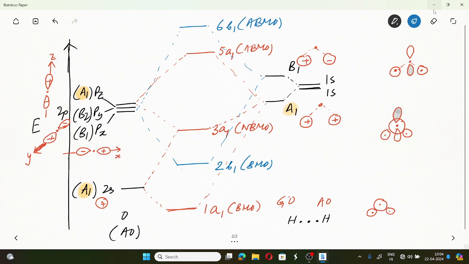Now if you want to see the shapes of these orbitals, see the px, which of these orbitals are combining? The px is combining with this b1.